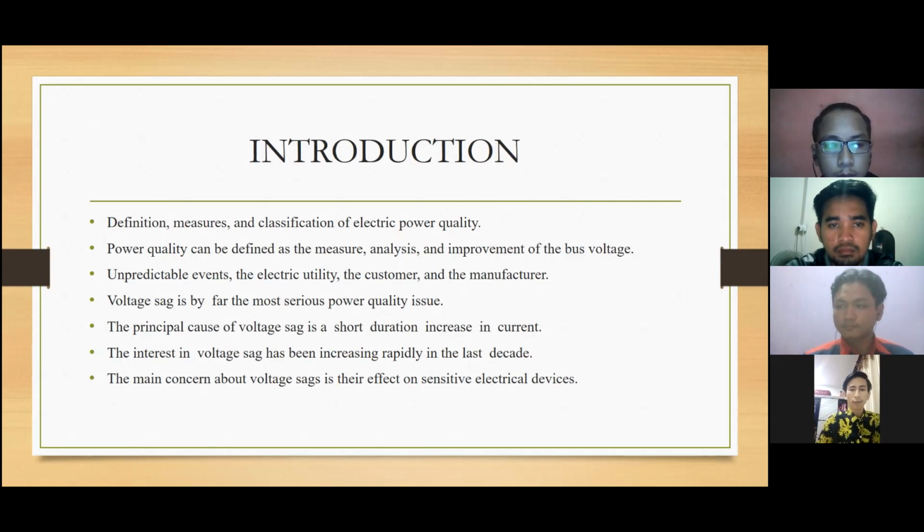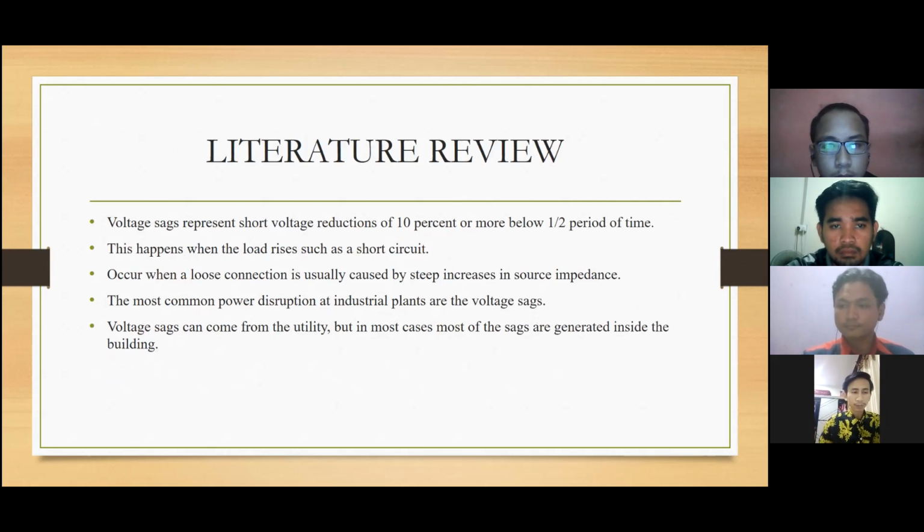Okay, next, for the literature review, voltage sag represents a short voltage reduction of 10% or more below the nominal, lasting from half a cycle or milliseconds to hundreds of milliseconds, or a short reduction in RMS voltage.